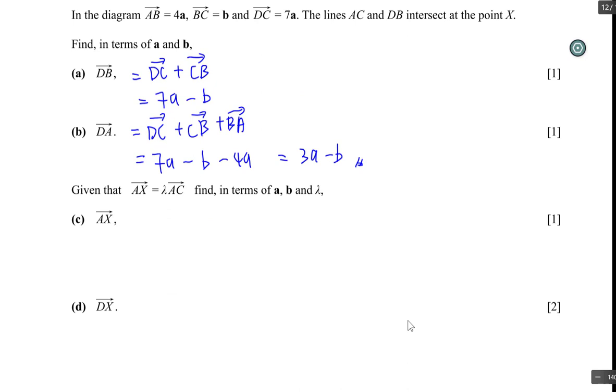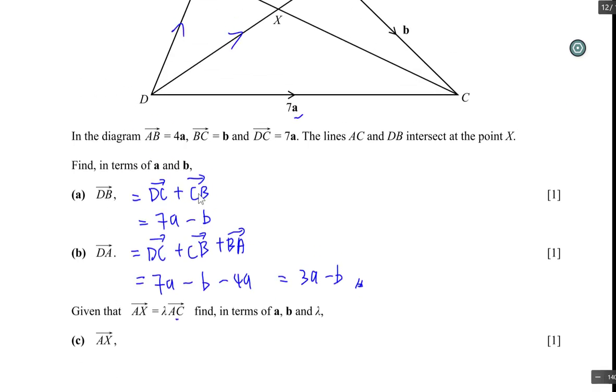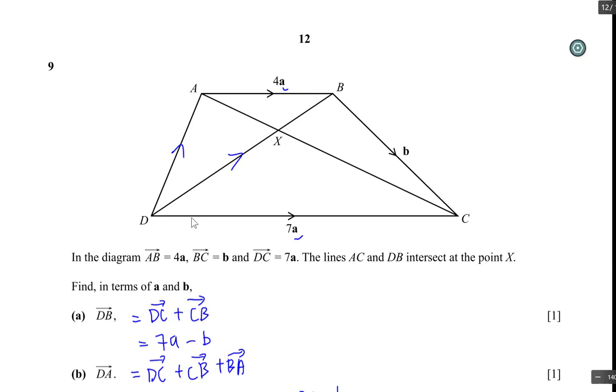Okay, then the question actually tells you AX equals lambda AC. Find in terms of AB and lambda. So you want it in terms of lambda, then I just need to solve AC. Is it possible to get AC? Yeah, you can get AC easily, right?